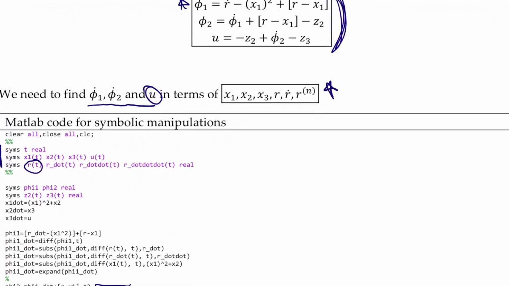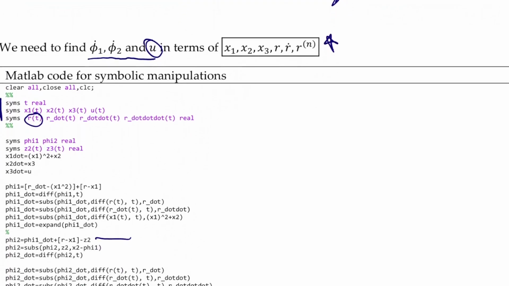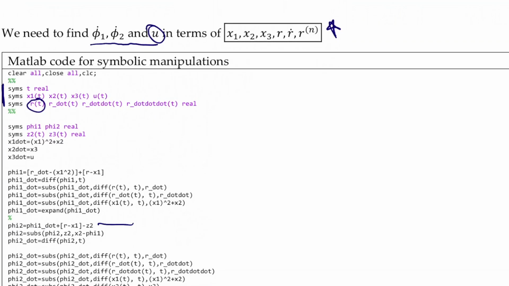Here let's look at what phi2 is. Phi2 is phi1 dot and some other terms. Here we can see phi1 dots, right? And we have z2, and z2 can be written, as we talked about, in terms of state expressions, okay. That's why, at the start of the phi2 and phi2 dot generation, we wanted to make things easier, so we immediately changed z2 in terms of the state variables that we know explicitly, okay.